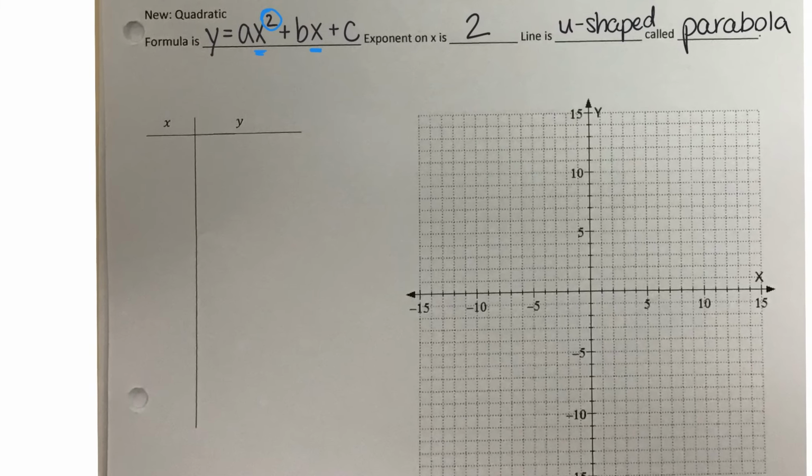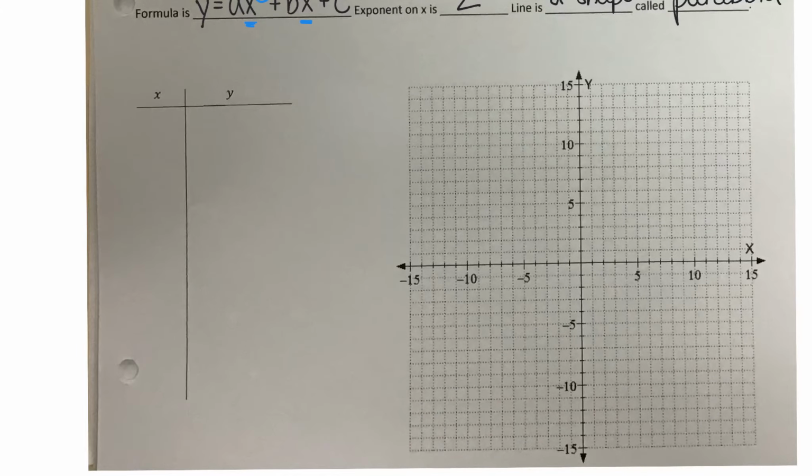So let's look at what this looks like. Okay, so let's do y equals x squared minus x minus 2. All right, so this -2 is the c, and what number is written in front of the x, that's the b?